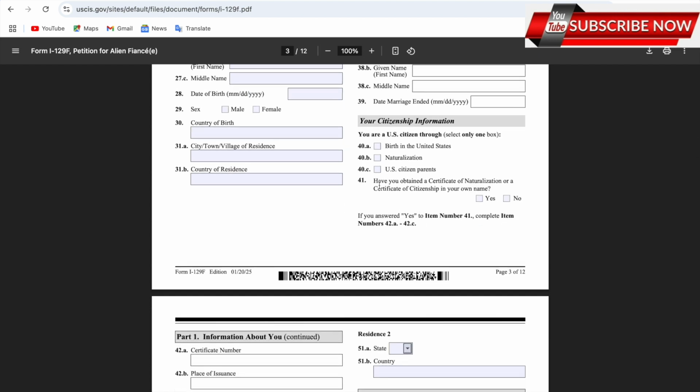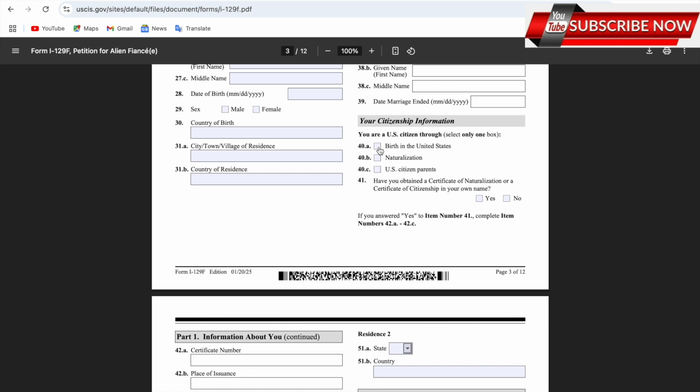And for the 41, it says, have you obtained a certificate of naturalization or certificate of citizenship in your own name? With this one, if you are a naturalization, you automatically get your certificate number. But if you were born in the United States, you don't have a certificate.